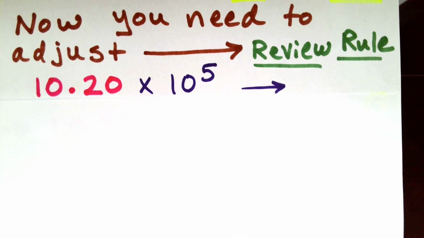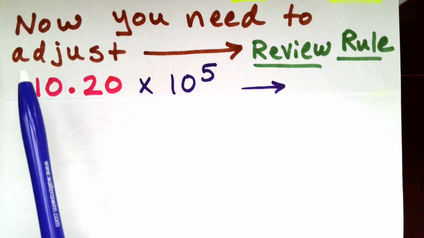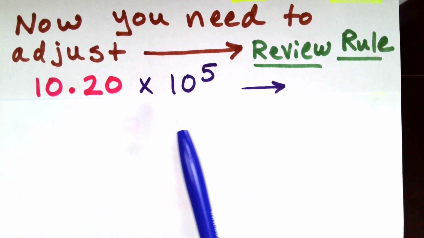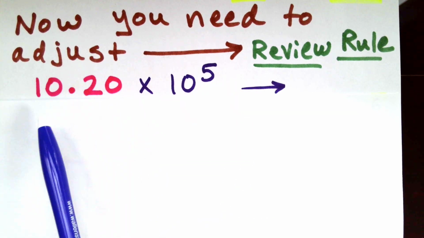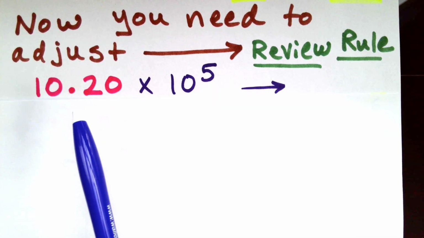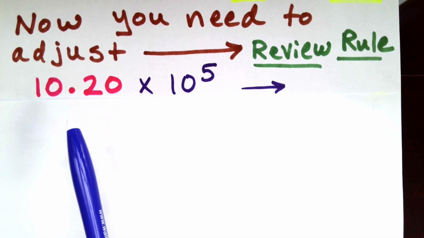All right, so now you've had a chance to review that part 4 video, if you have, and if not, you have to rely upon your memory. Now we're going to need to adjust the 10.2 or 10.20 coefficient to fit that rule, a number between 1.0 and 9.9.